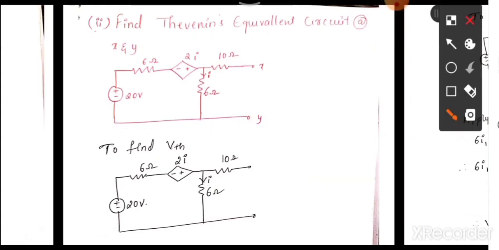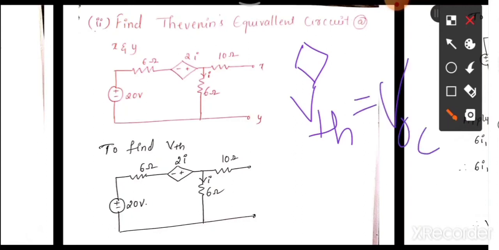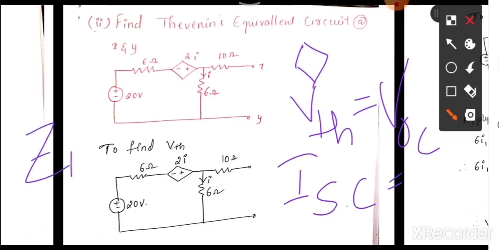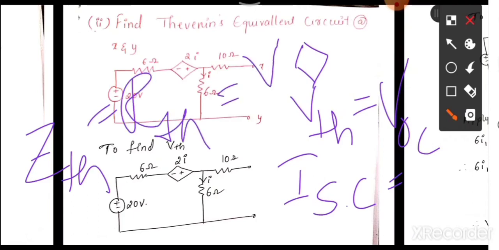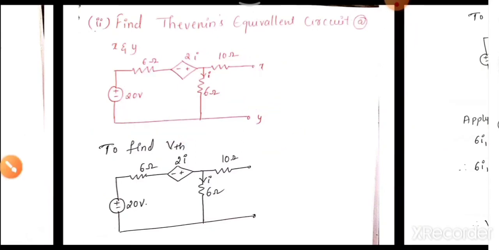Whenever we have a dependent source, we have to find VTH, which is nothing but the open circuit voltage, and then calculate the short circuit current. Then ZTH, or you can say RTH, will be equal to voltage divided by current, that is open circuit voltage divided by short circuit current. You have to remember this.